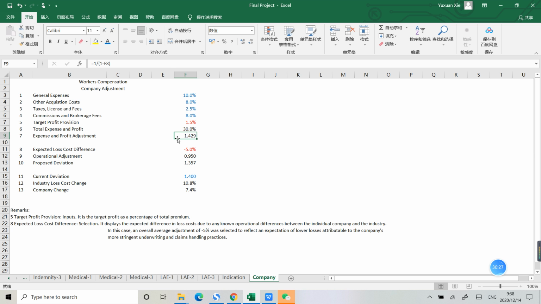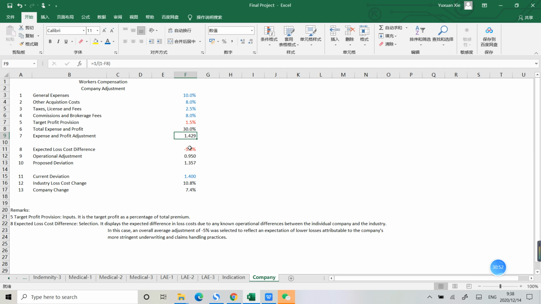This adjustment applies multiplicatively to the advisory loss costs to include a provision for underwriting expenses and profit. Row 8 displays the expected difference in loss costs due to any known operational differences between the individual company and the industry.